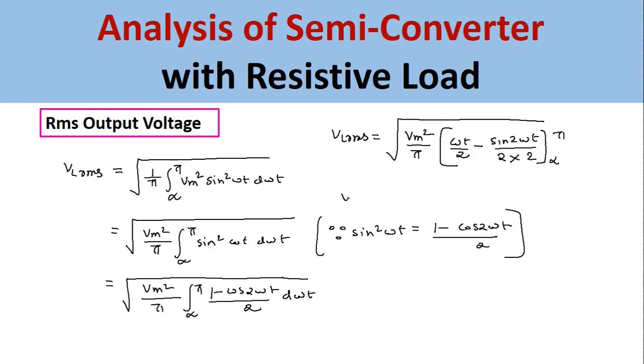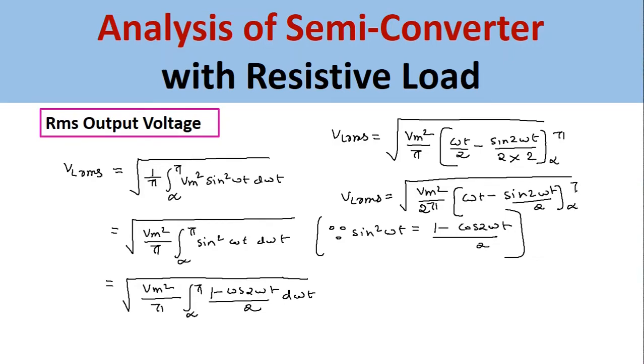So VLRMS is equal to √(Vm²/π). We can take 2 common from this equation, so we'll get Vm²/2π times (ωt − sin 2ωt/2) with limit α to π.